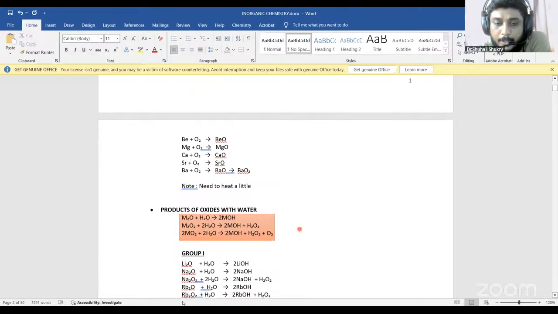Sodium peroxide is thinking, I'm better than sodium oxide, so I have to do something more. Sodium oxide itself gives sodium hydroxide, so I should release something more than them. So they react with water and give sodium hydroxide and hydrogen peroxide both.